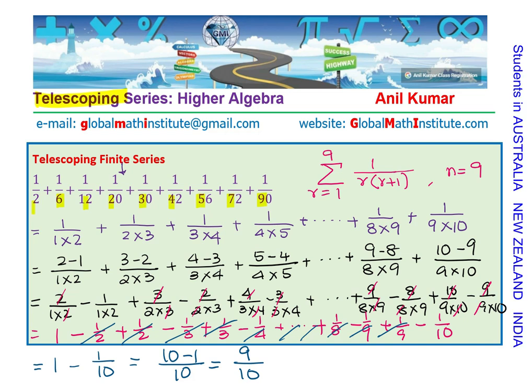We call this a telescoping finite series as once we break it down into a difference of two numbers which cancel in between, the whole 9 terms reduces to just 2 terms. So that is like reducing, kind of telescoping, converging, which we see. And therefore, the solution for this is 9 by 10.